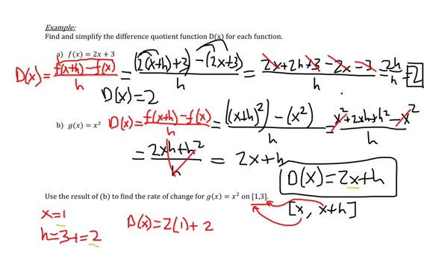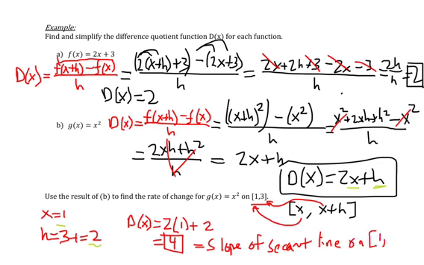We've taken this 2 and put it in for this h over here. And that gives us a value of 4. Okay, so again, that's telling us that this is the slope of the secant line on the interval 1, 3 for this function.